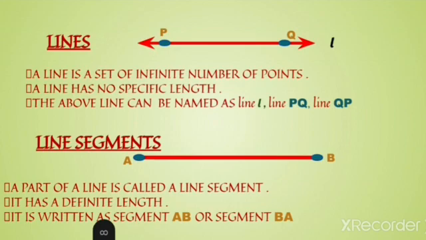That tells us that a line segment cannot be extended from both the ends. A line segment has a fixed length and it is written as segment AB or segment BA in the above figure.